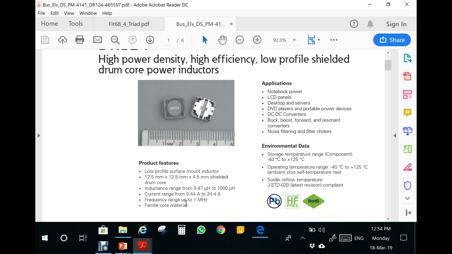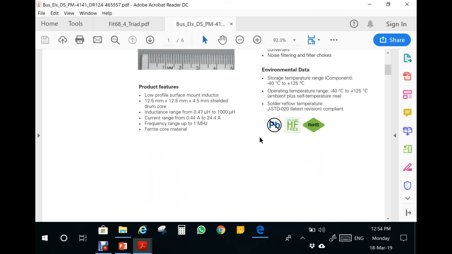It's a family of inductors, and it says that the operating range is minus 40 to 125 ambient plus temperature rise. So 125 is the maximum temperature allowable for this element, which is one important piece of information.